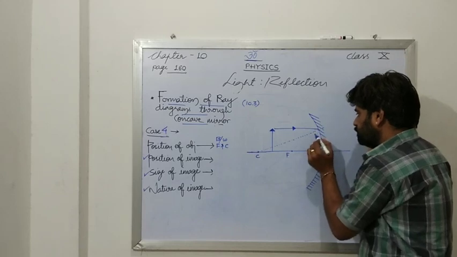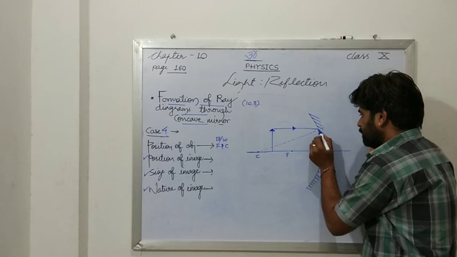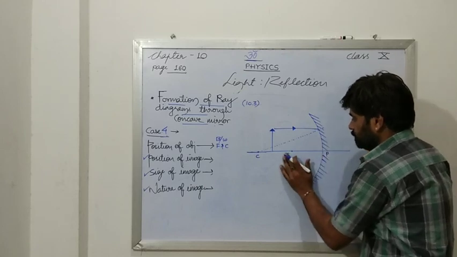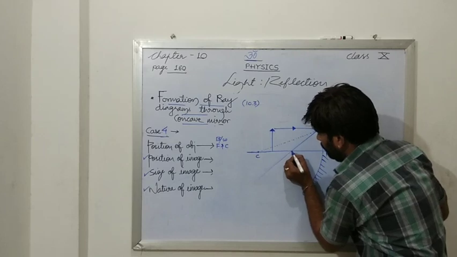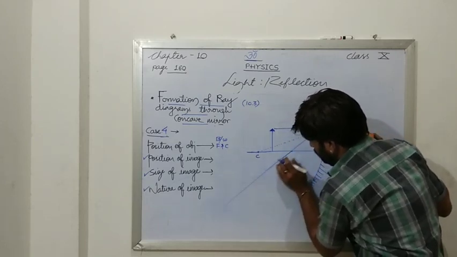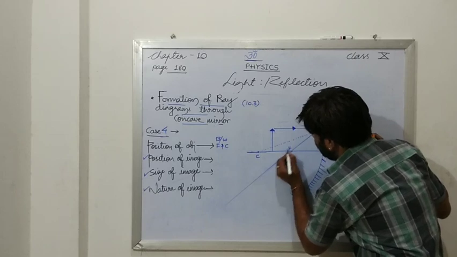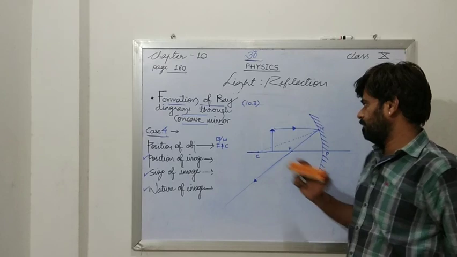According to the geometry, a few things are essential irrespective of any use. So this will be passing through the focus. This is F, this is the reflected ray. Very simple.